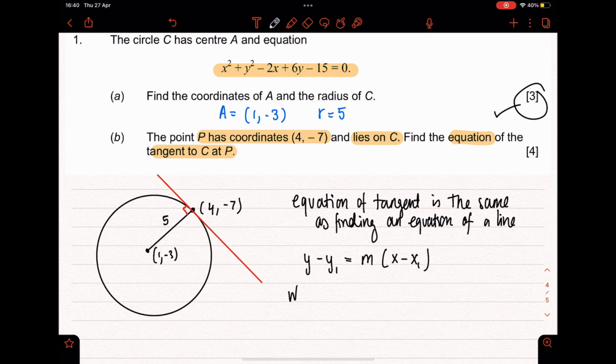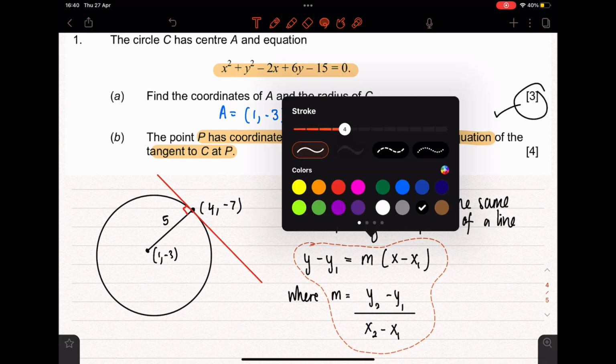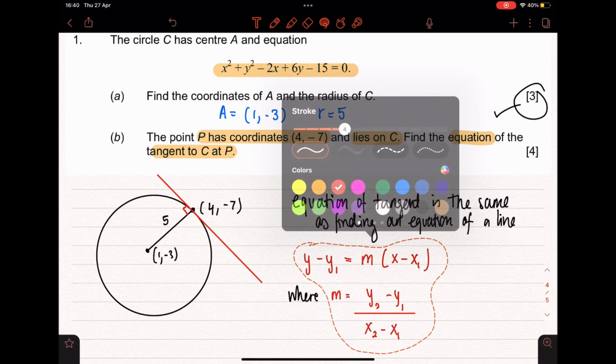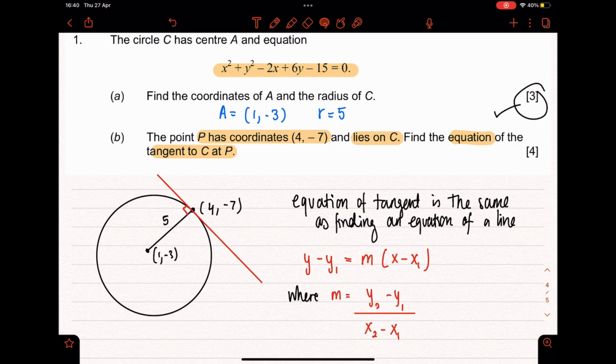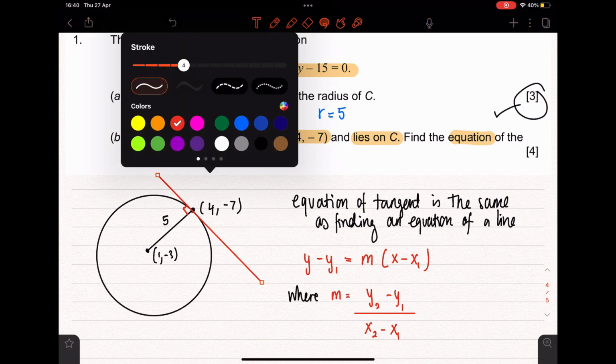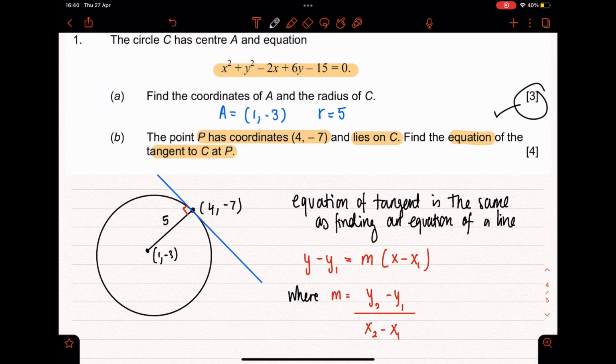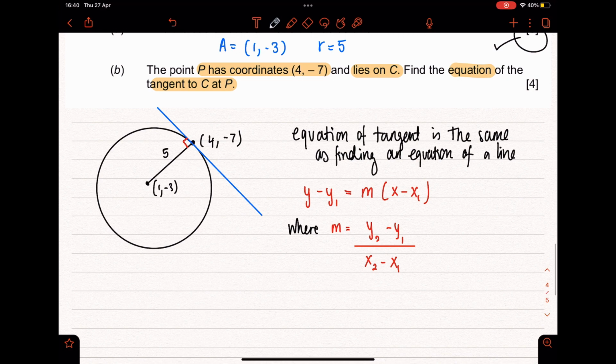This is y minus y1 is equal to m all multiplied by (x minus x1), where m is the gradient, and to find the gradient we need to do the change in y all divided by the change in x, given by (y2 minus y1) all divided by (x2 minus x1). So given these equations, we can now use these to find the tangent.